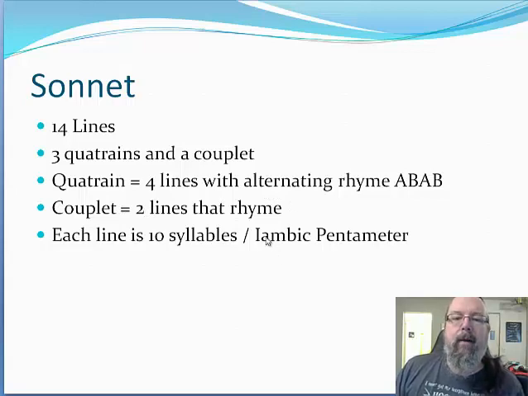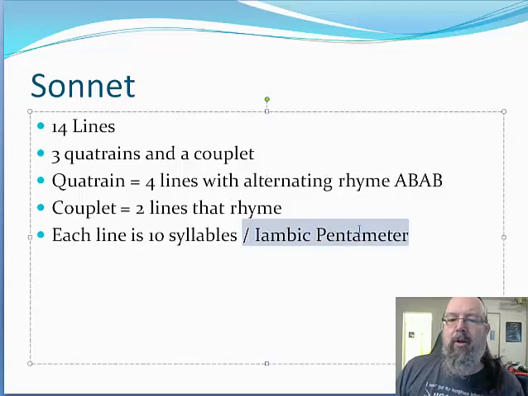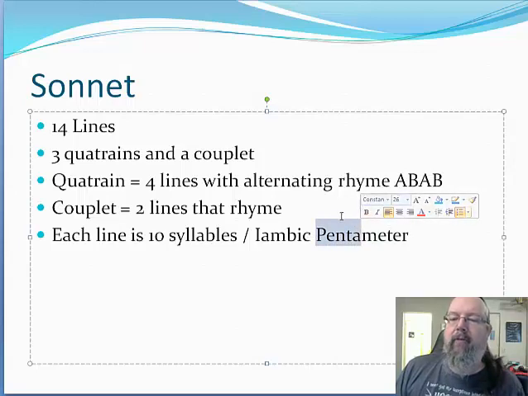Okay. Now, the big thing about Shakespearean sonnets is that they're written in what's called iambic pentameter. What that means is it is in the meter of a penta. Now, a penta means 5, so it is in a meter of a repetition of 5. 5 what, you may ask?